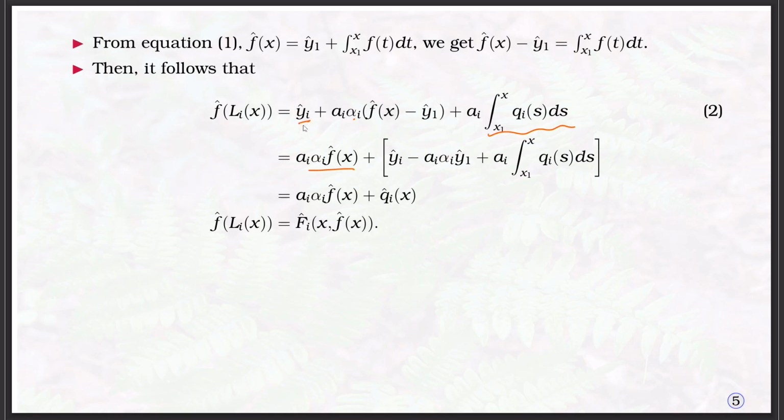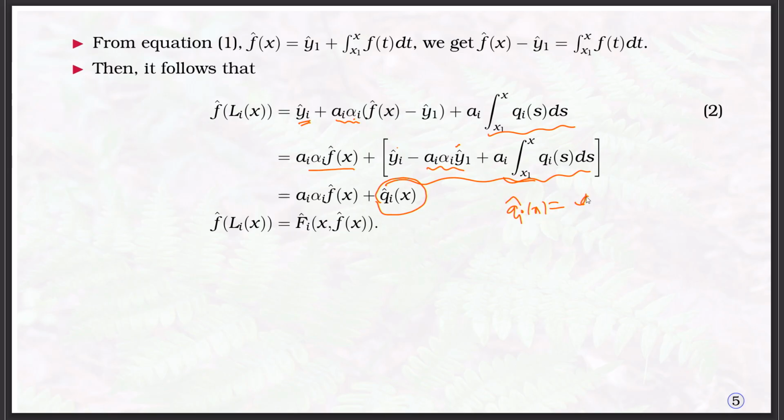So it is yi cap minus ai alpha i y1 cap, plus this term. Now all this term we are going to take as q i cap of x.